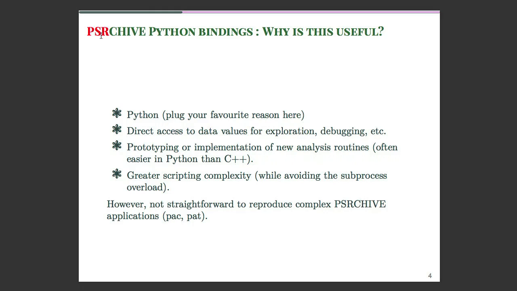Sometimes shell scripts can be incredibly annoying and difficult, mainly for bookkeeping, so keeping track of what you're doing with your data. If you're doing it with shell scripts, you have to create so many variables, or you have to create a log file. And if shell scripting is what you've been using so far, then I would recommend testing out Python, because the bookkeeping part becomes a lot easier.